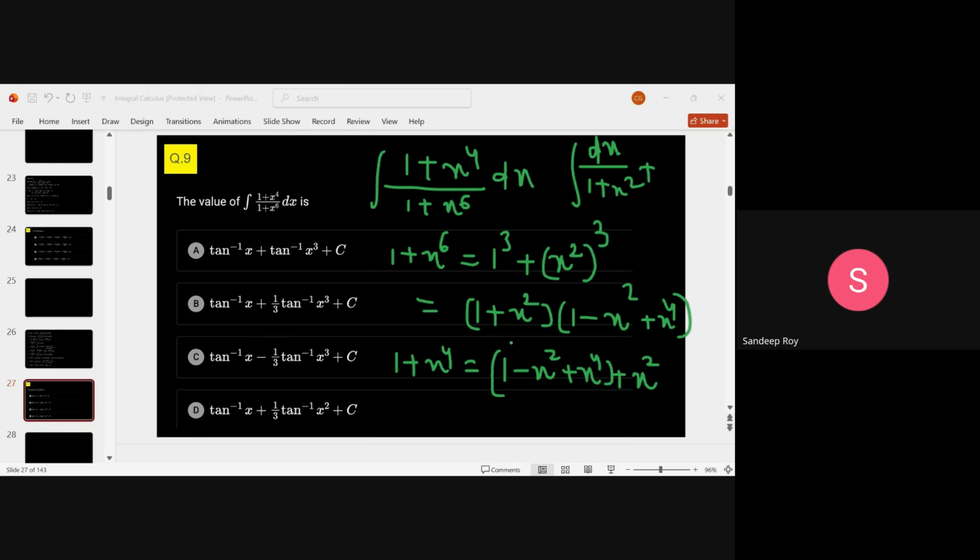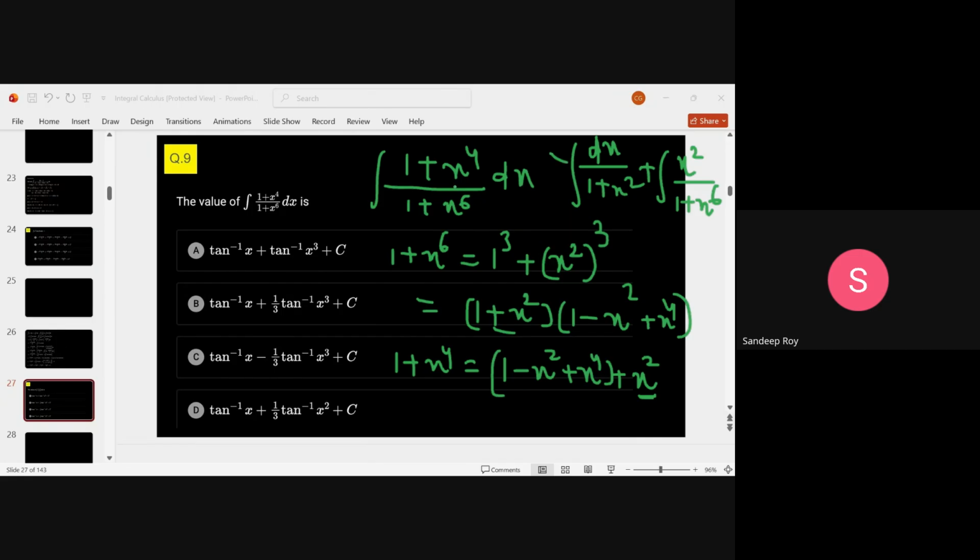The only leftover is x square, because 1 minus x square plus x to the power 4 gets cancelled from both sides. So plus the integration of x square upon (1 plus x to the power 6) dx. So there are two parts. The first part is easy to integrate, that is the standard formula for 1 plus x square.